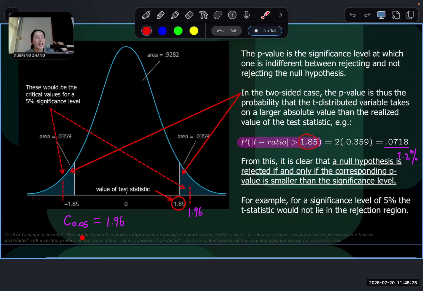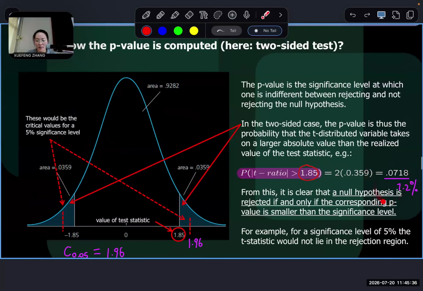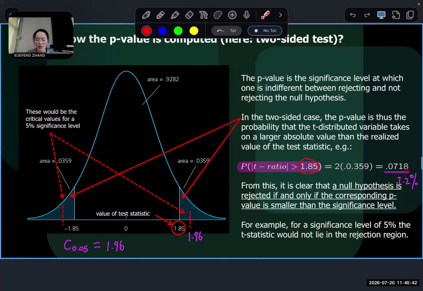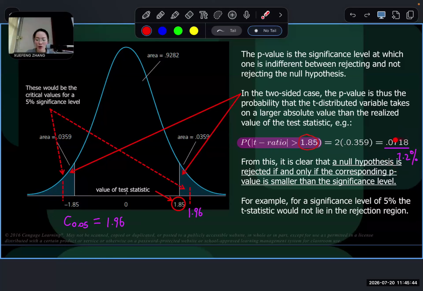But it can be rejected at 10%, right? Our programming is going to compute the p-value for you. So basically, you just compare your p-value with the significance levels: 1%, 5%, 10%.